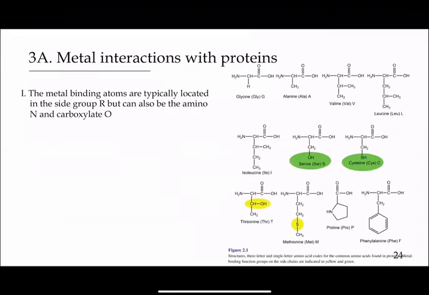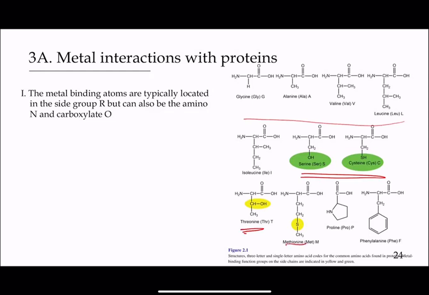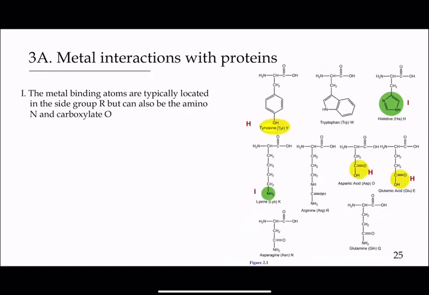Well, what type of amino acids R groups do we really have? So we have a number of them. On the top row, there are the aliphatic groups. We have those that have OH groups, like the serine, the cysteine, which have an SH group, so those have metal binding capability. We have threonine that has an OH group, and we have methionine that also has a sulfur group, but also has metal binding capability.